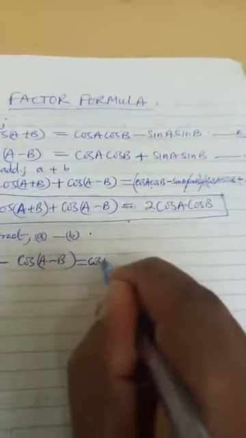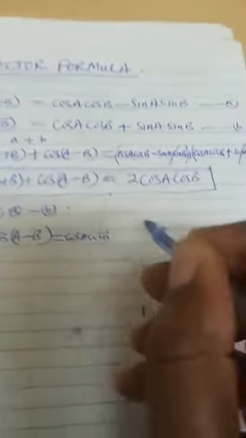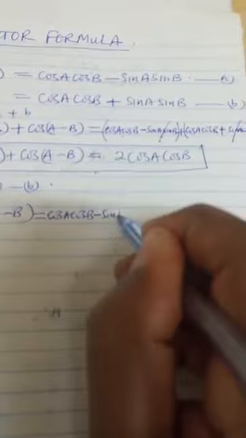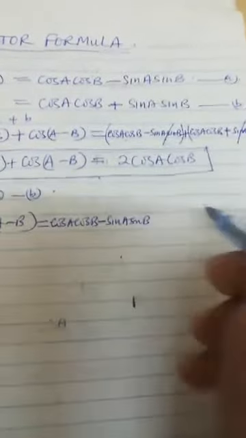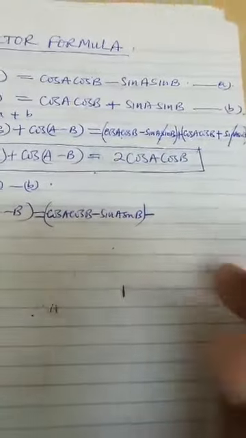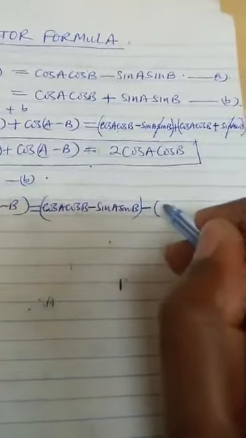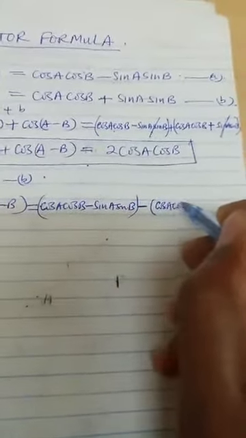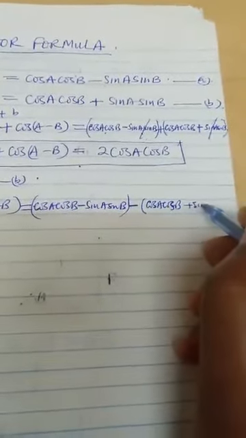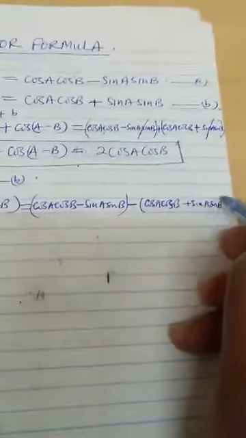Cos A cos B minus sin A sin B. Remember we are subtracting this time. Minus cos A cos B plus sin A sin B.